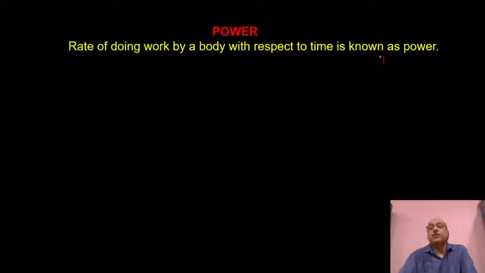And power is represented by P, and it is work by time. And the unit of power is joule per second, and it is also known as watt in the SI system.